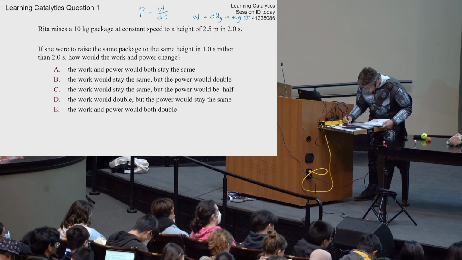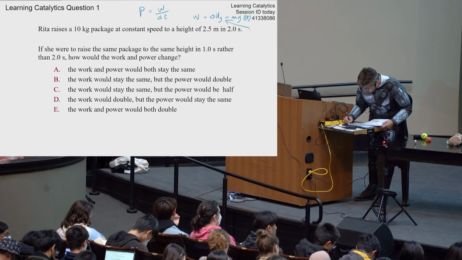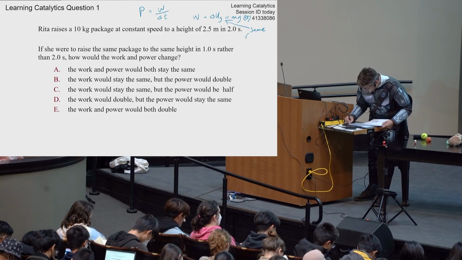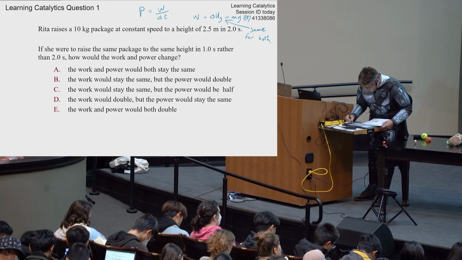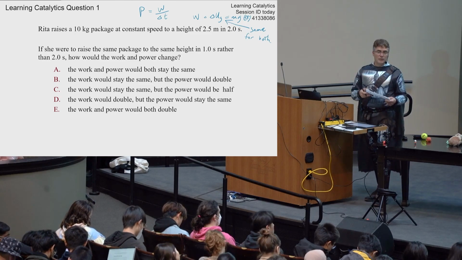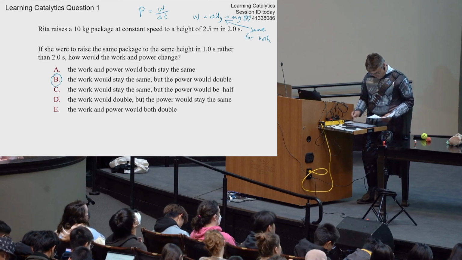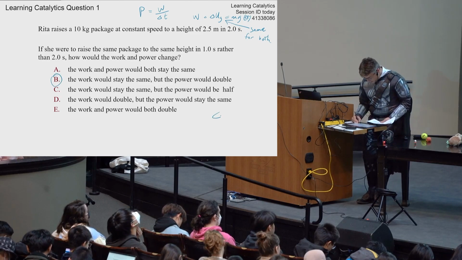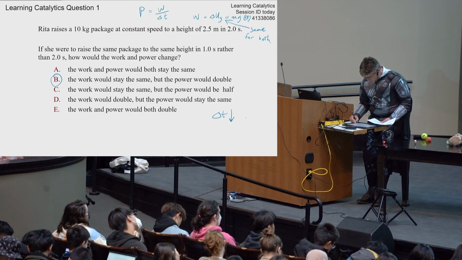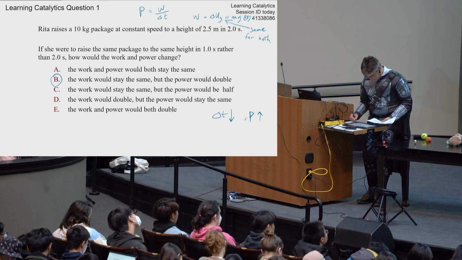It's going to be the same for both because they both change their height by the same amount. But since power is work divided by delta T, if you divide by 1 second instead of 2 seconds, you get double the power. So delta T goes down for the same work, then the power is going to go up.